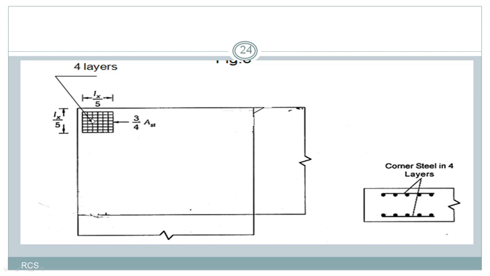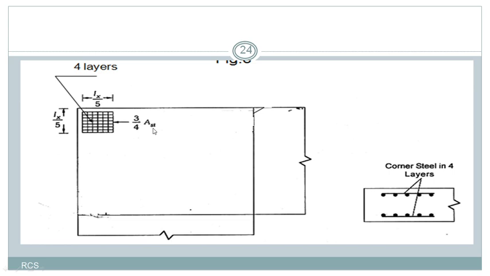So here this torsional reinforcement will be provided in 4 layers, and they are provided parallel to the sides of the slab, and those should be provided for a length of Lx by 5 from the support of the slab. And the area of steel provided here is 3/4 of Ast.